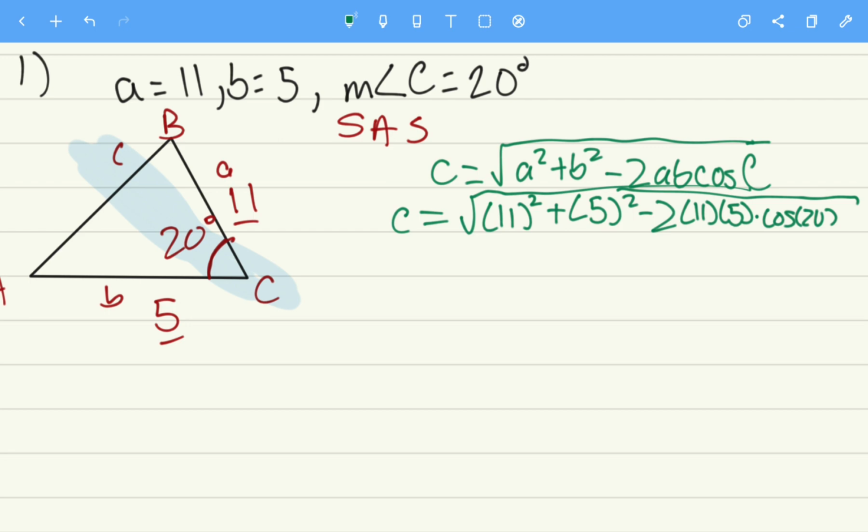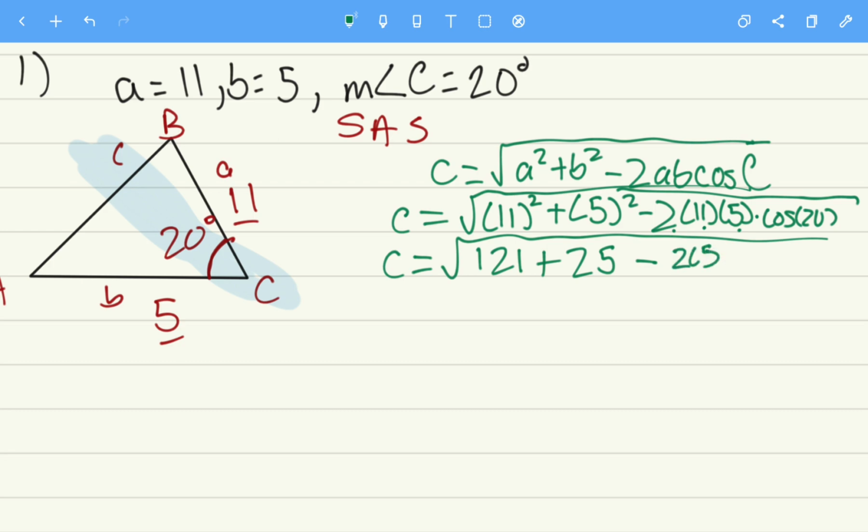I really suggest just plugging this into your calculator, but I'm going to go through a couple of steps. 11 squared is 121, 5 squared is 25, minus 2 times 11 times 5, which is the same as 2 times 55, times cosine 20.